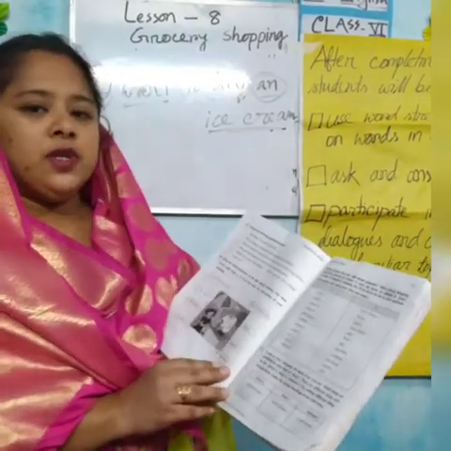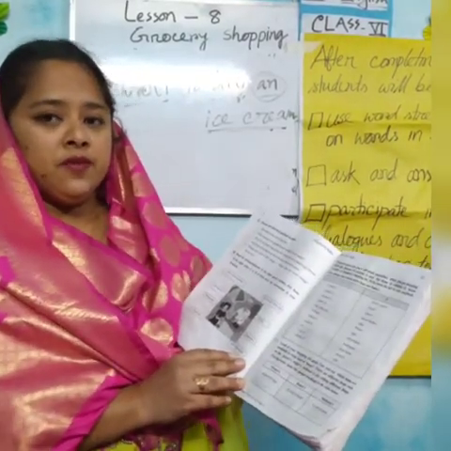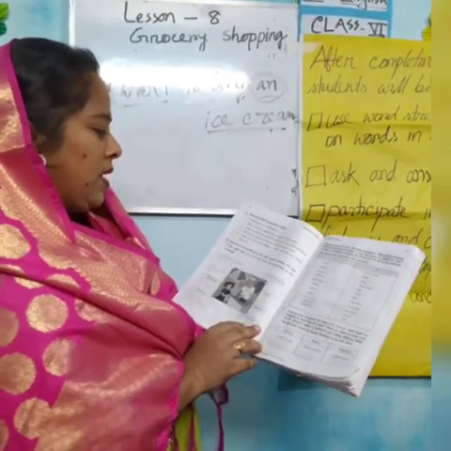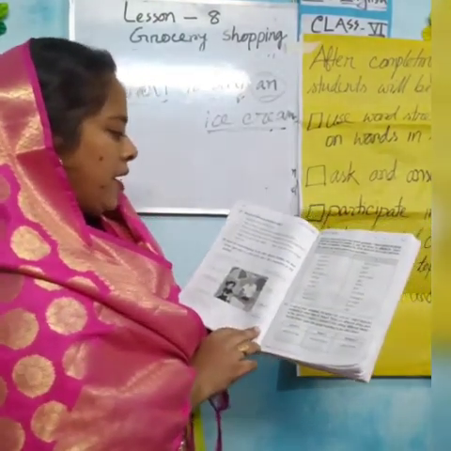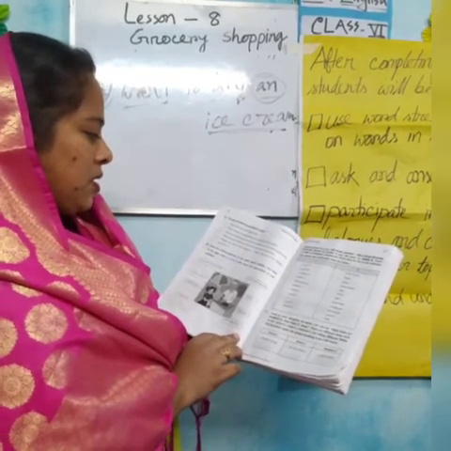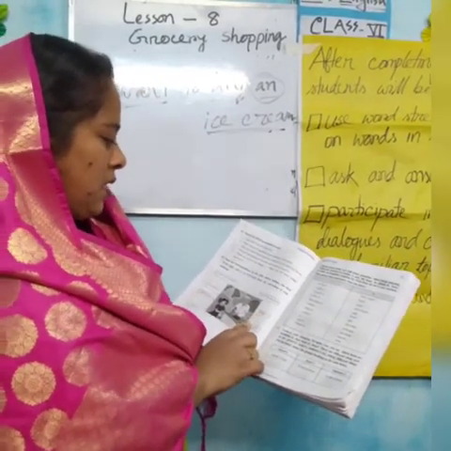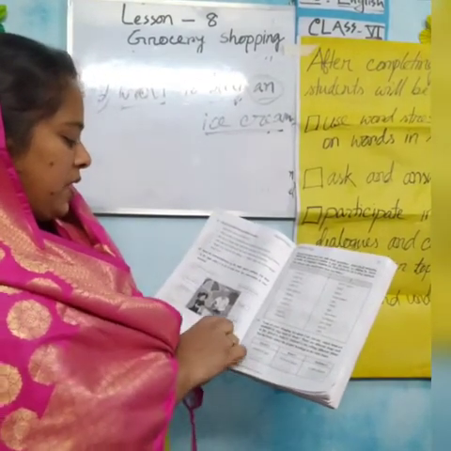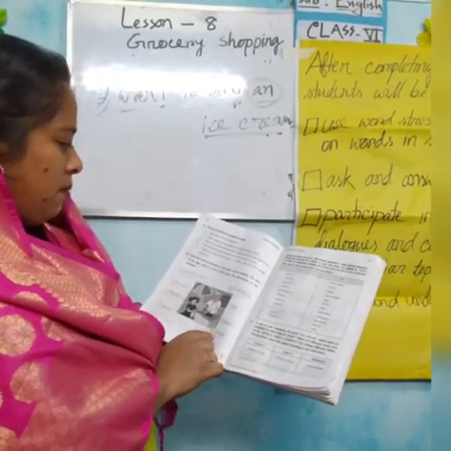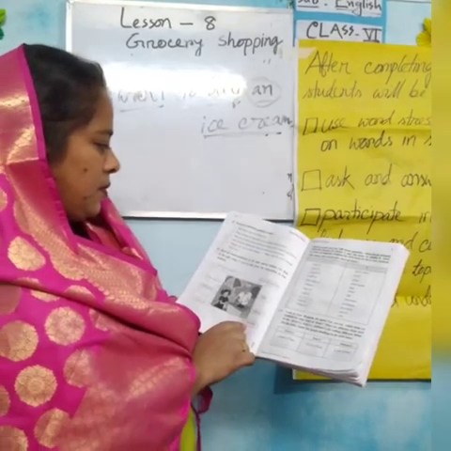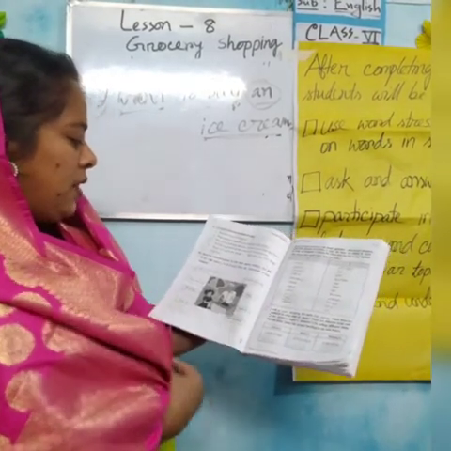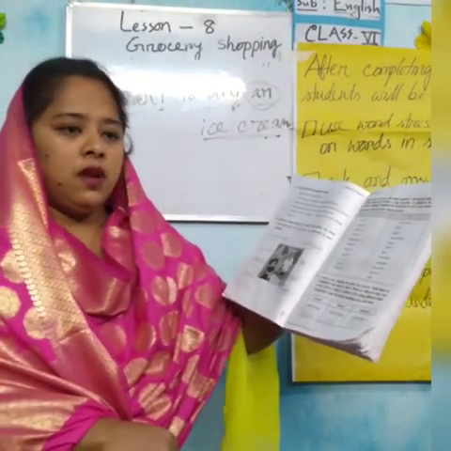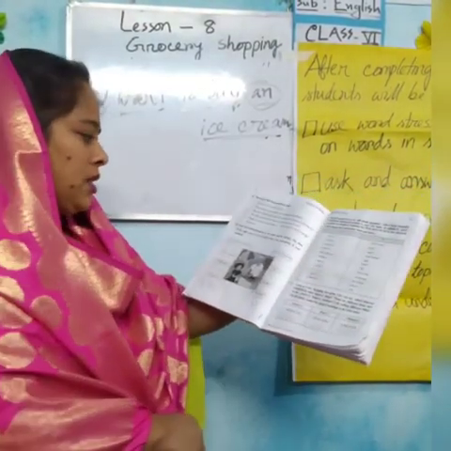So, my dear students, get ready with your pen, textbook and notebook. Read the sentences and phrases in the 8 speech bubbles. Put them in the right order. Write down the conversation in your notebook. Here we can see 8 speech bubbles, and they are not in correct order. We have to arrange them in correct order.